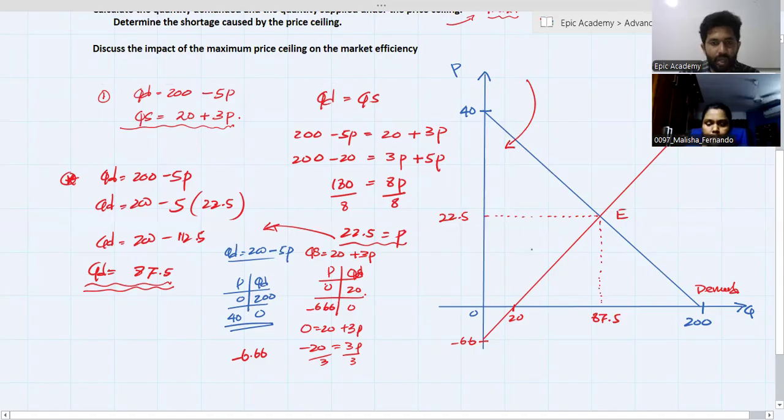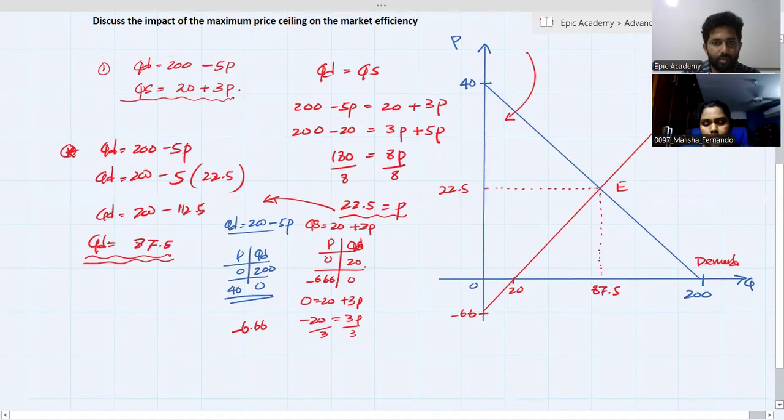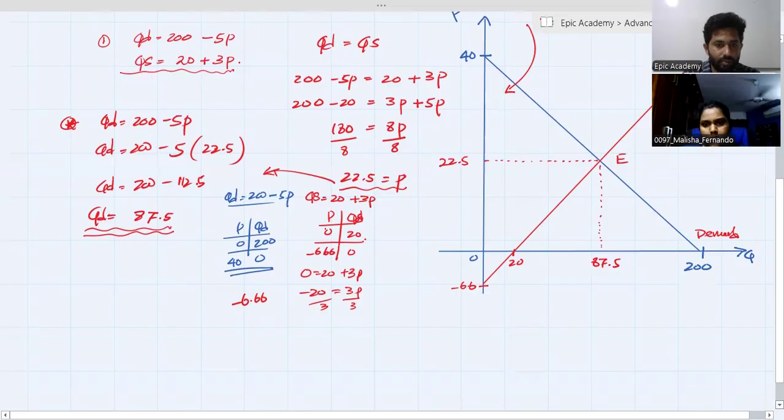Okay. You can calculate the consumer surplus area. How? By using mathematical equations. Write down something like that. Half into height and length. Height how much?